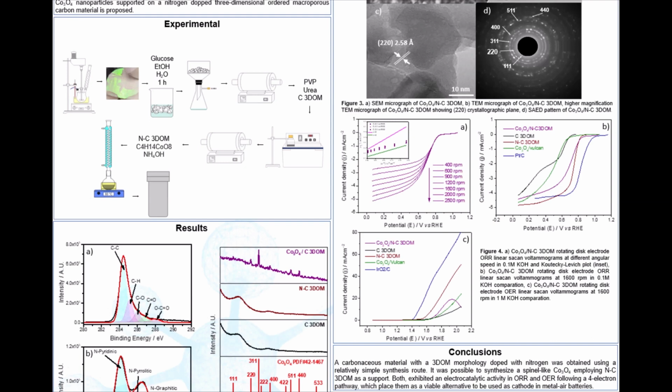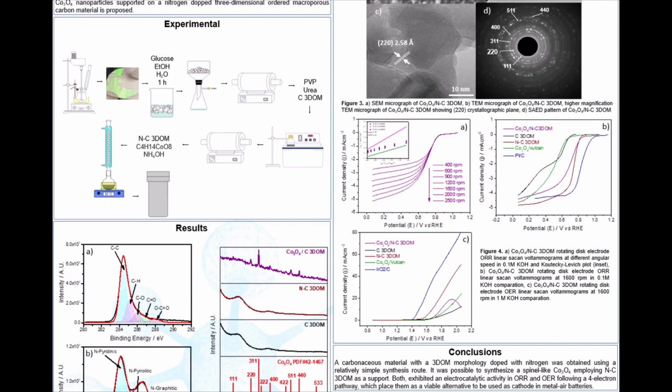Not only this, but also they have a better half-wave potential and smaller overpotentials than the pristine material and the spinel-like oxide supported on carbon Vulcan, being comparable with the platinum over carbon reference.